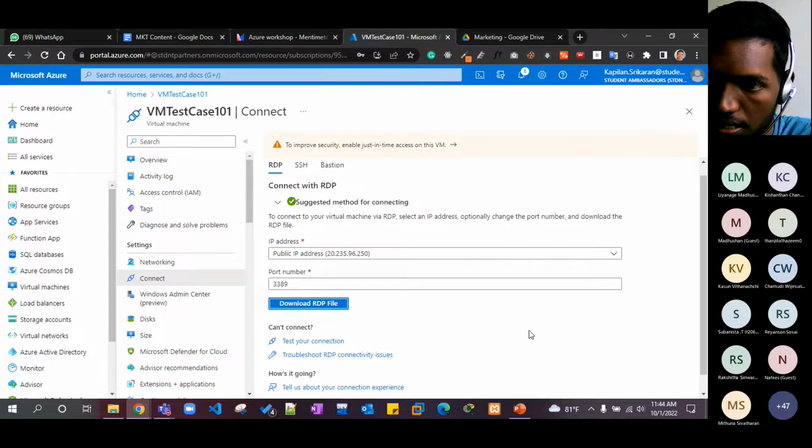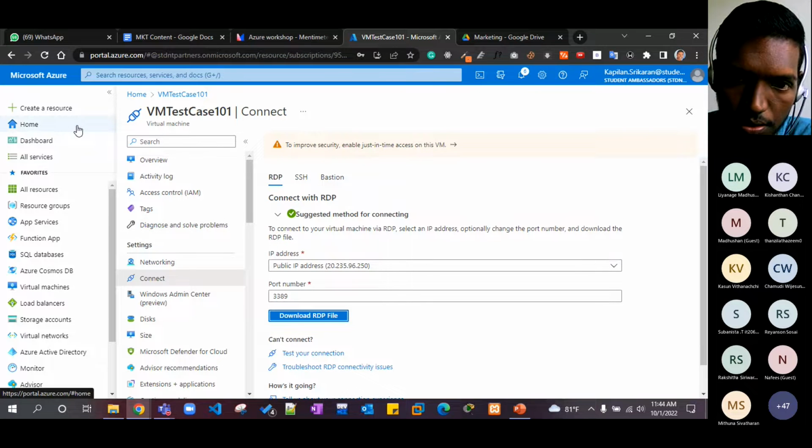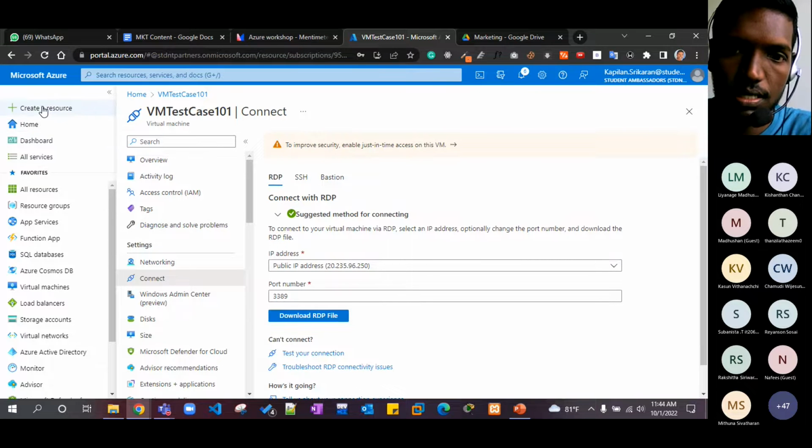In a second, I will check whether my password is correct or not.